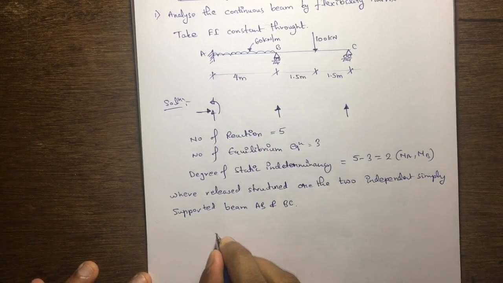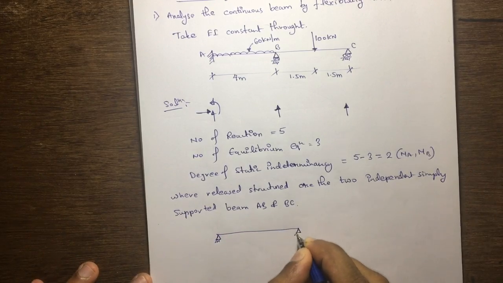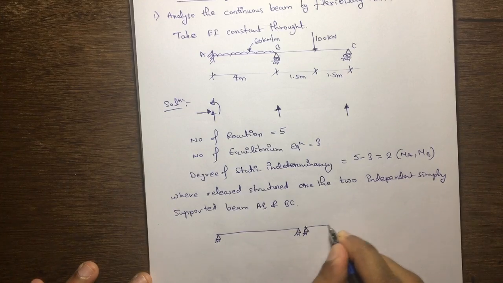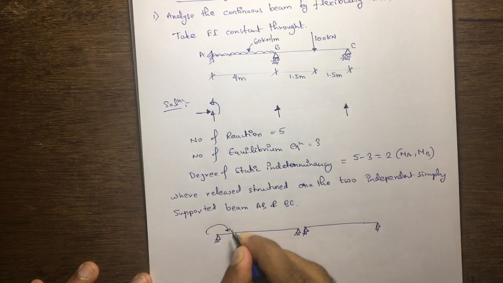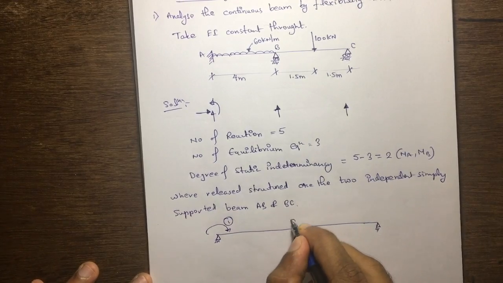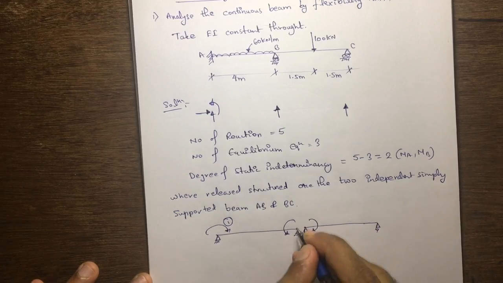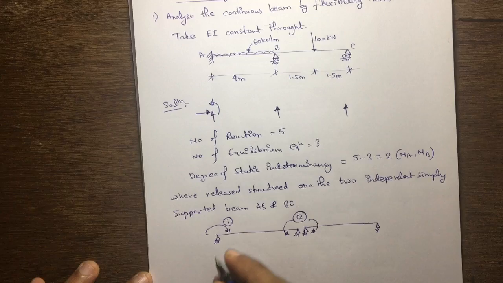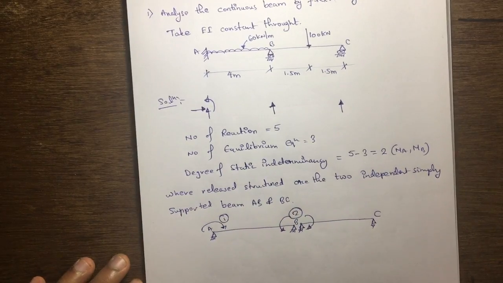I would consider beam AB as simply supported, then one more, BC. So this is unknown. Again here, that is coordinate 1 and coordinate 2, a combination of two rotations at A, B and C.